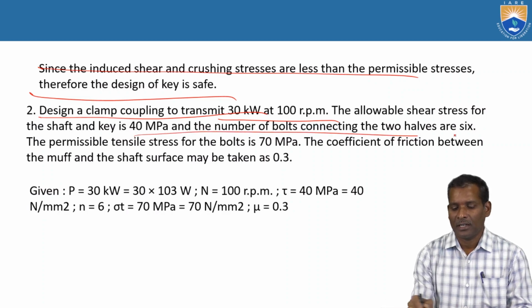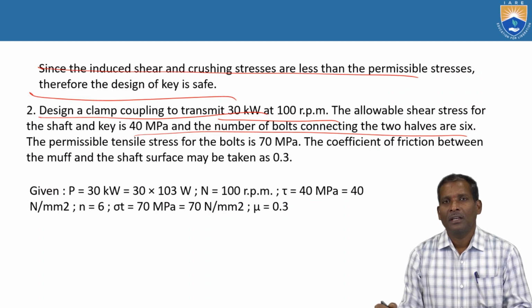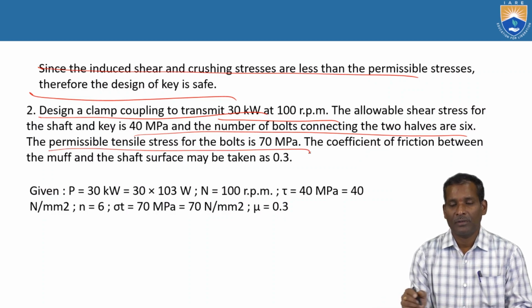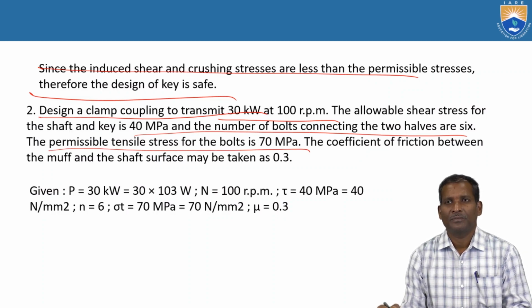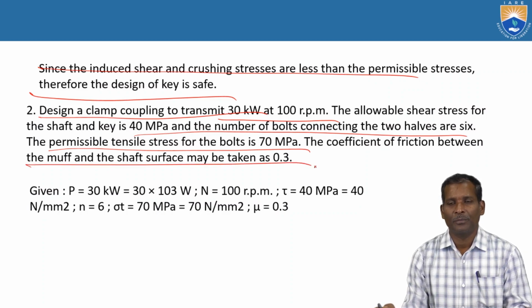So in addition to the shaft and key, 6 bolts are used. The permissible tensile stress for the bolt is 70 megapascal. Also, the coefficient of friction between the muff and the shaft surface may be taken as 0.3, that is mu. Based on these values, you need to design a clamp coupling.